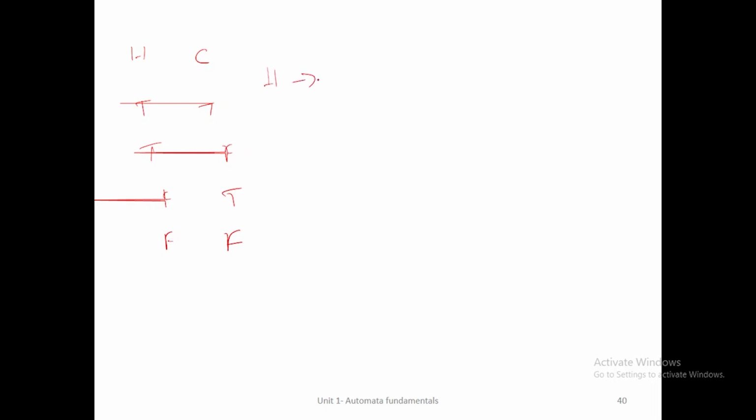H implies C gives the answers true, false, true, true. And we are taking negation C. Negation C means false, true, false, true. What is the contradiction? H and negation C. H and negation C gives false, true, false, false.